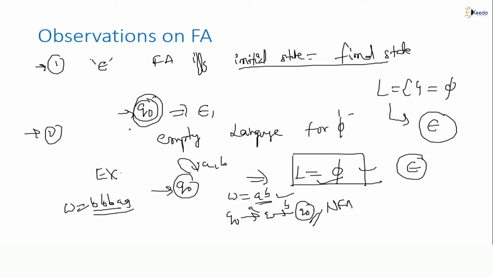So write this point down, all of you. The third observation: an FA in which all accepting states are unreachable accepts the empty language.